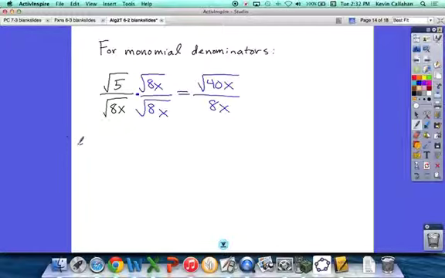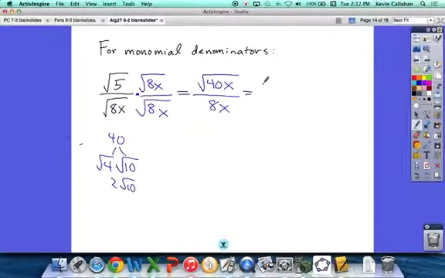The square root of 40 can be simplified, right? 40 is not a perfect square, but what are the factors of 40 that include a perfect square? 4 times 10. So if we make that a 4 times 10, then this is 2 times the square root of 10.